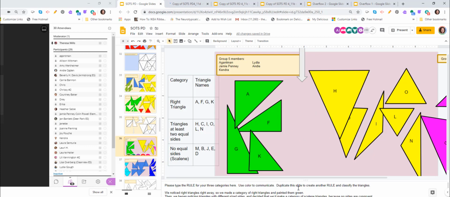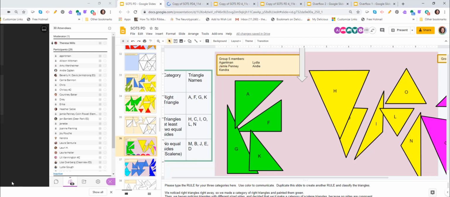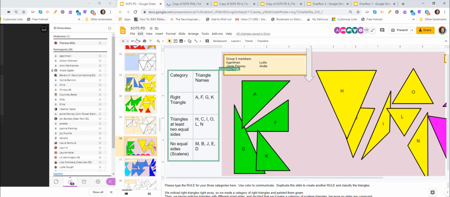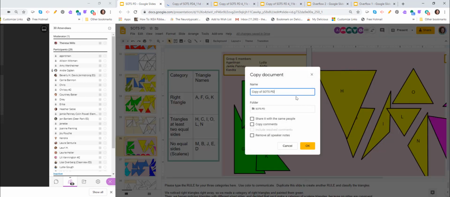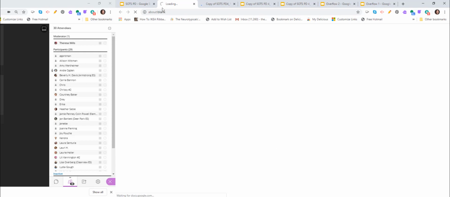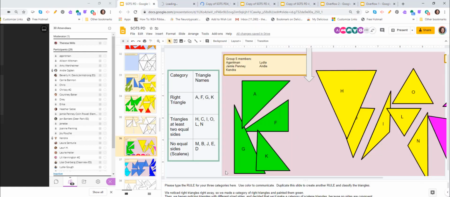screen. And group 5, would someone kind of explain to us what was your thinking and how did you get here? Hi, everyone.